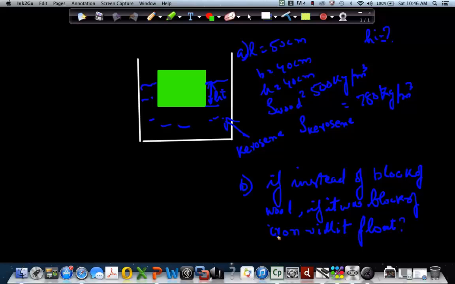Of course, for this you have to find the density of iron, which I want to leave to you. You can find it from the internet or from books that you have. But the question B is, if instead of a block of wood it was a block of iron, will it float?